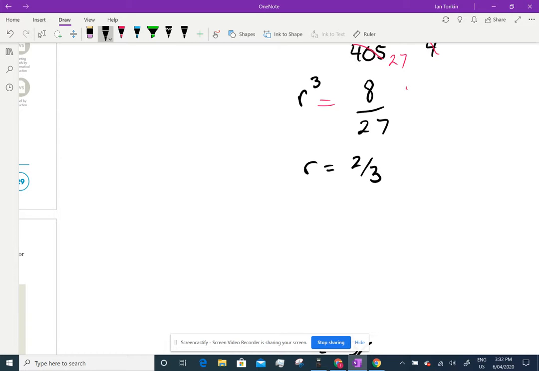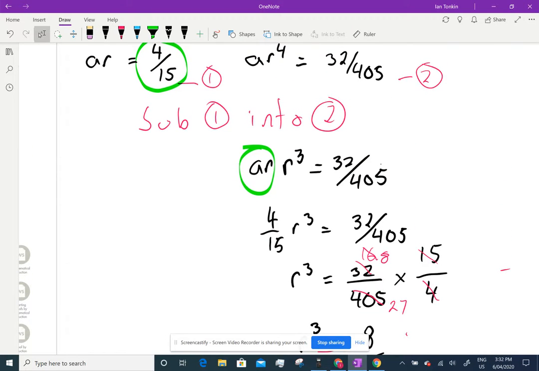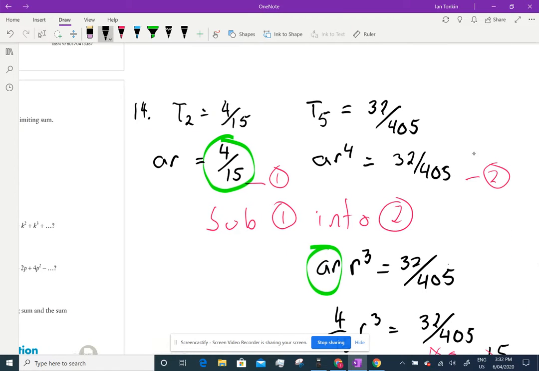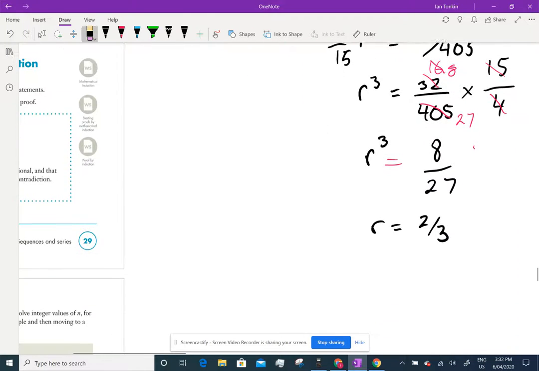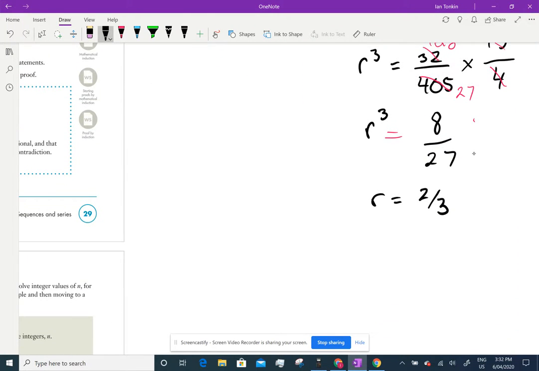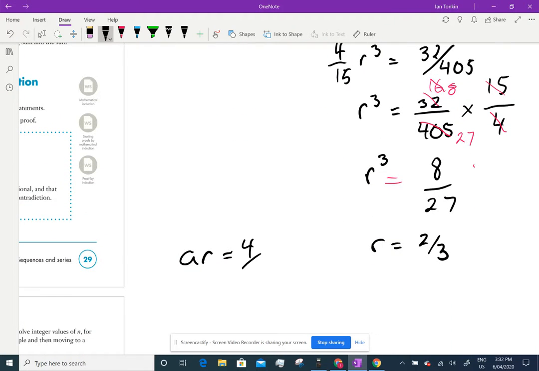Now, how do I find A? Well, I can just divide this term by 2/3. But I know some of you are going to want to use a formula, so remember up there I had AR equals 4 on 15, which is equation number 1.